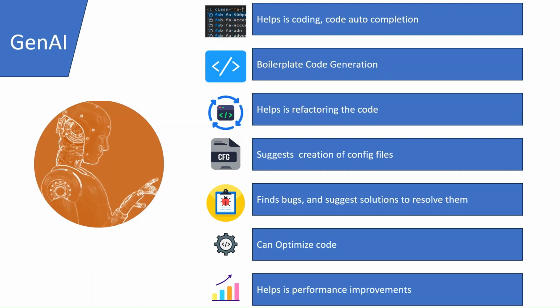Next, it finds bugs and suggests solutions. Some GenAI models can highlight the errors directly and also provide multiple options to sort them out. And next, it can optimize the code. Two developers may not write the code in the same fashion.